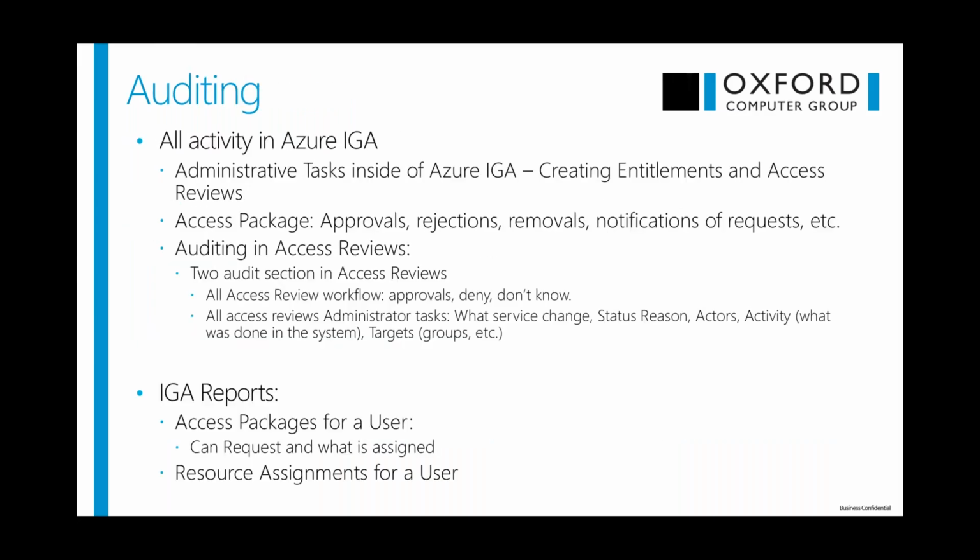So what are the auditing capabilities? If I am an Azure IGA administrator, I can create entitlements and access reviews, and then create access packages. So I have the ability to set up approvals, rejections, and notifications of requests.